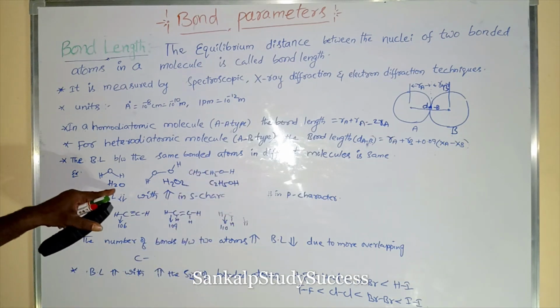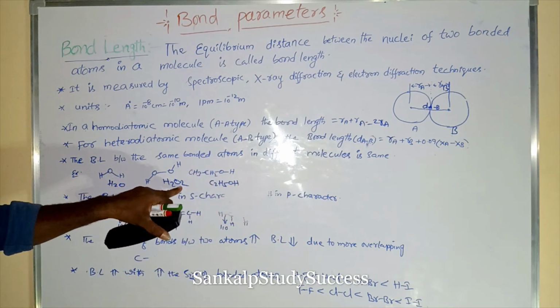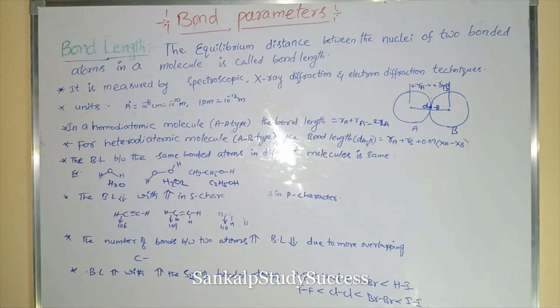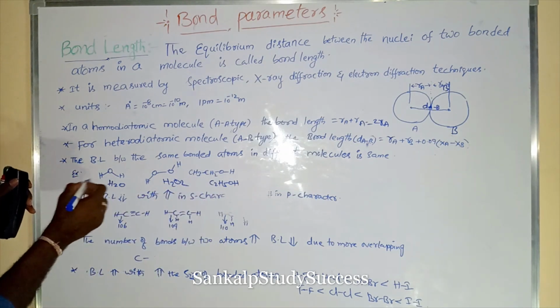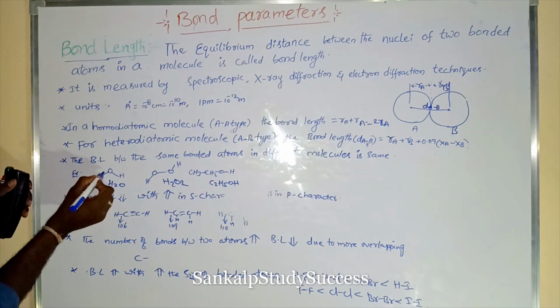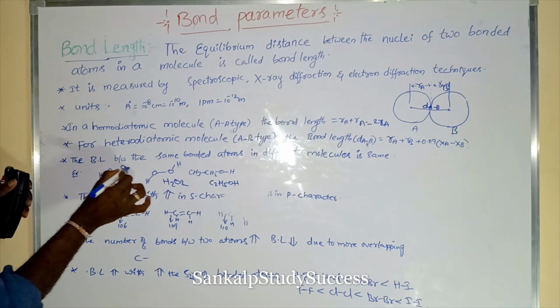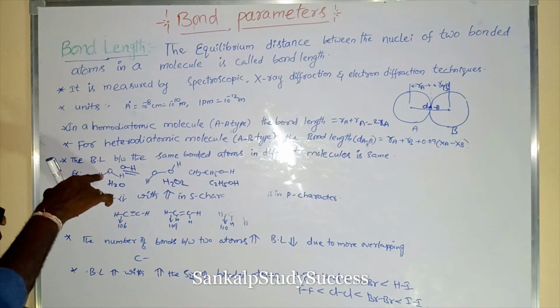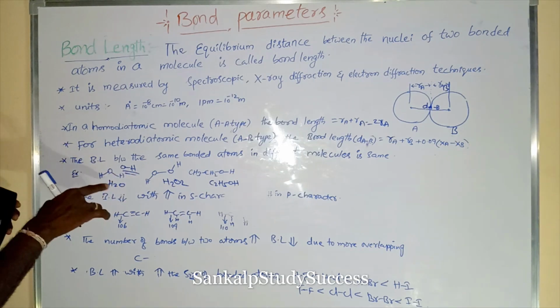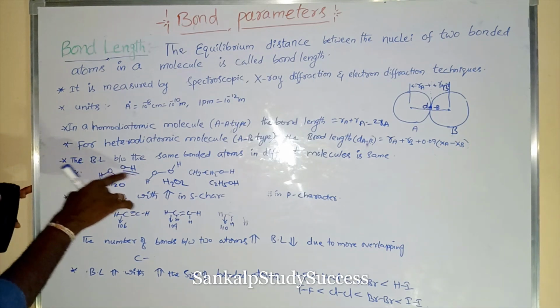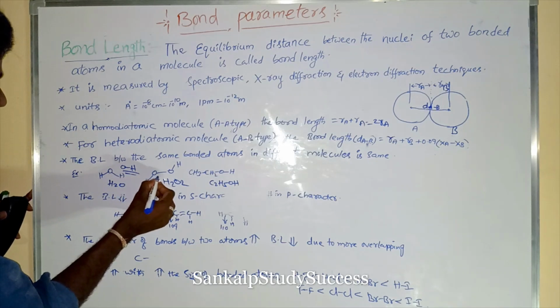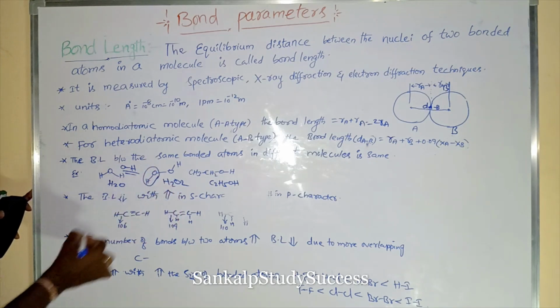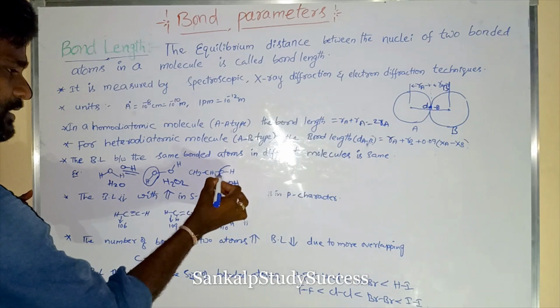In H2O, the bond length of O and H, this is the oxygen, this is the H. So here which bond can be taken? The OH bond can be taken. So the bond length of OH, BL means bond length. Here also the bond length of OH, and here also the bond length of OH.